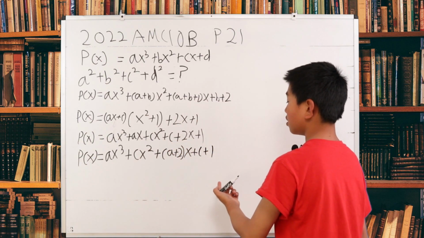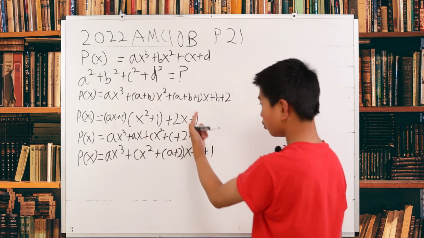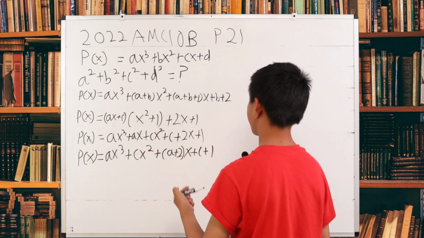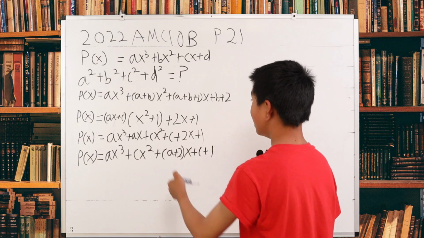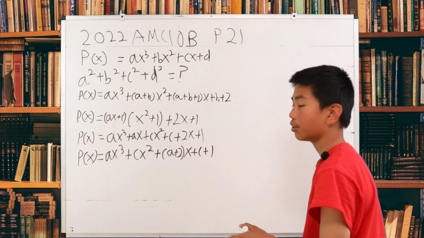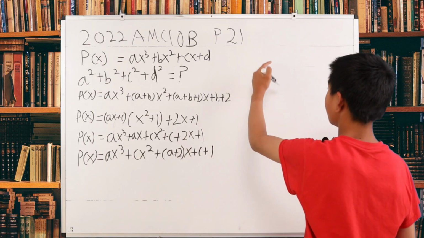We have the same polynomial written in two different ways. Since they're equal, the coefficients have to be equal. So we have really just three formulas.